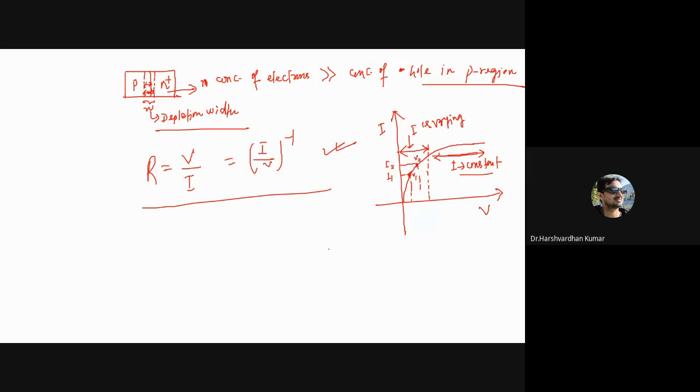For this region, the dynamic resistance R is equal to the change in current by the change in voltage, and you take the inverse. So delta I will be I2 minus I1 divided by V2 minus V1, and you have to take the inverse. Any doubt in understanding this concept?